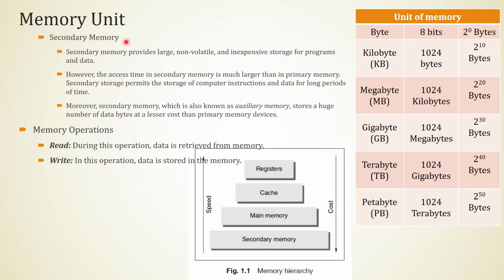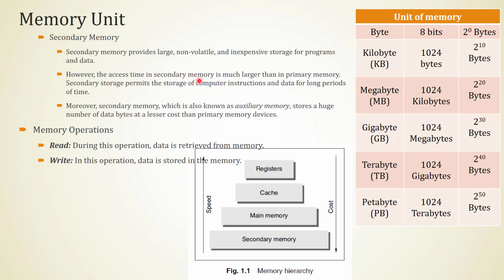Next is secondary memory. Secondary memory provides large, non-volatile and inexpensive storage for programs and data. The typical example of secondary memory is our pen drive or the hard disk in our computer. Once we remove the pen drive from the system, the data will still be there in the pen drive. That's why it is called non-volatile. It is also not as expensive as RAM, and it is much slower than RAM.